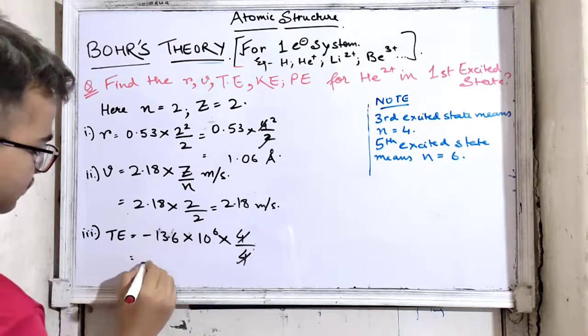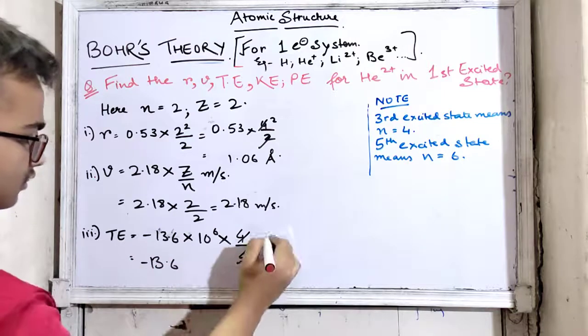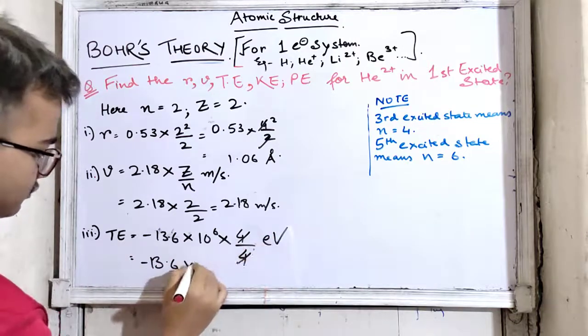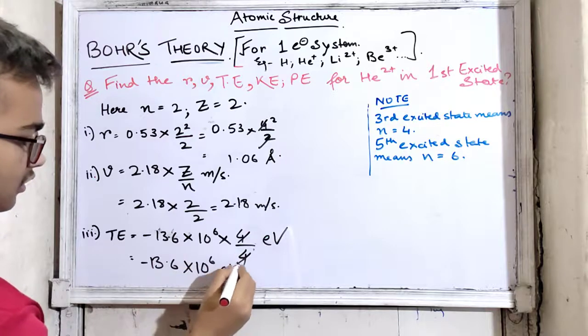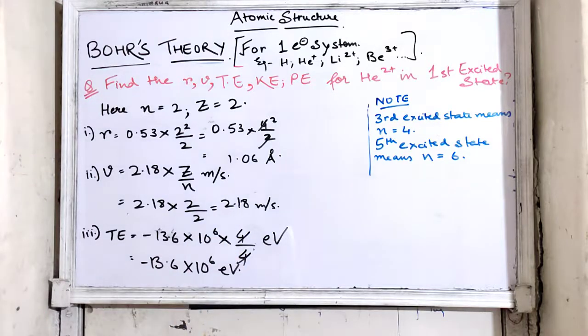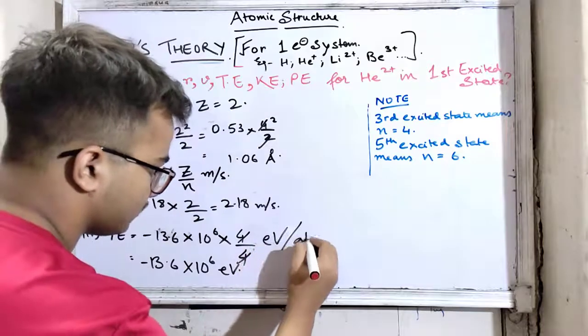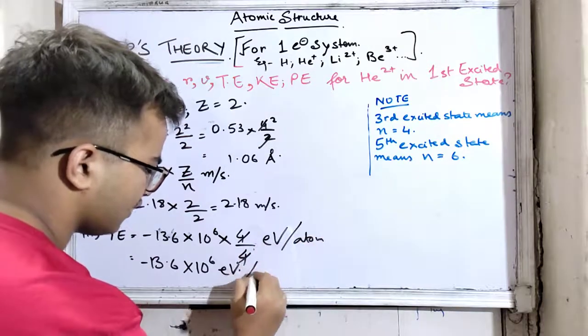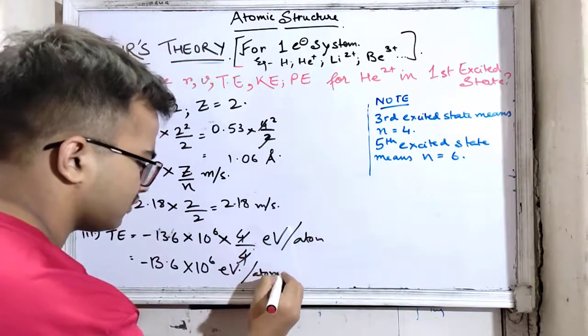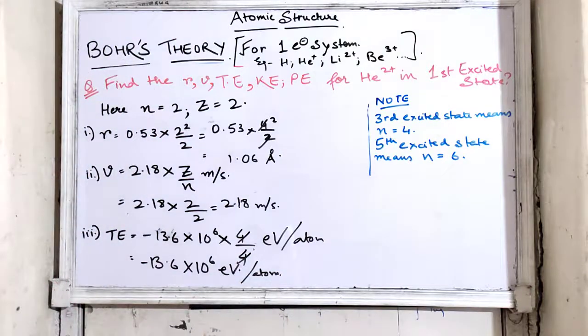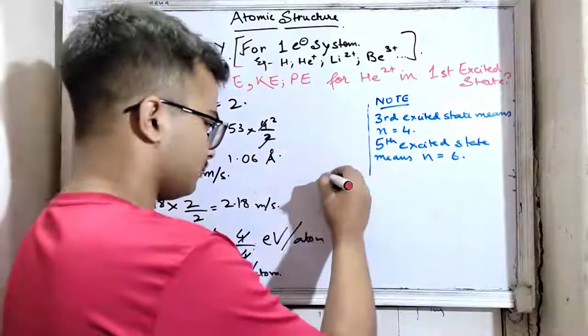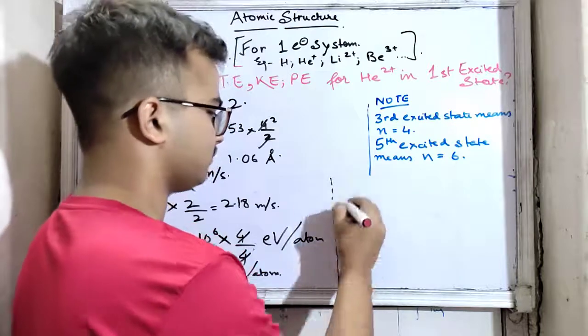So total energy equal to minus 13.6. This was in electron volt. 13.6 into 10 to the power 6 electron volt. Okay. Electron volt per atom, I'm sorry. Since single atom is given, it is needless to mention, but better to be on the safe side and mention the unit completely.